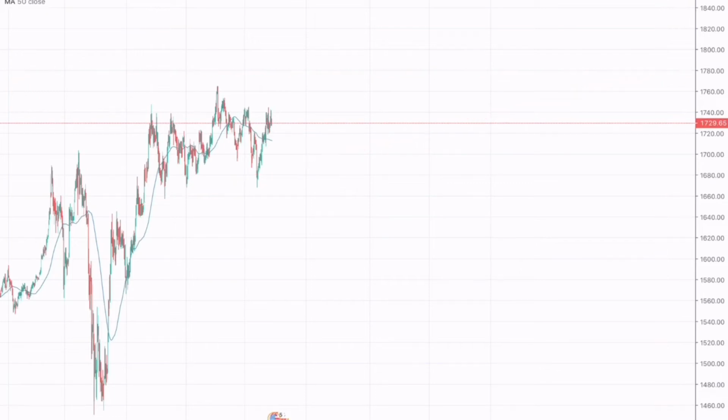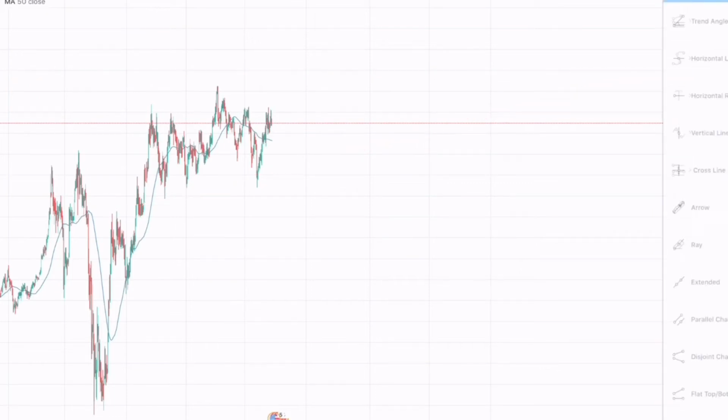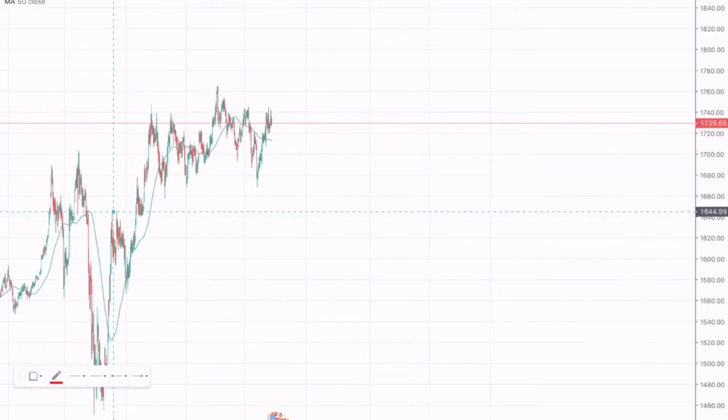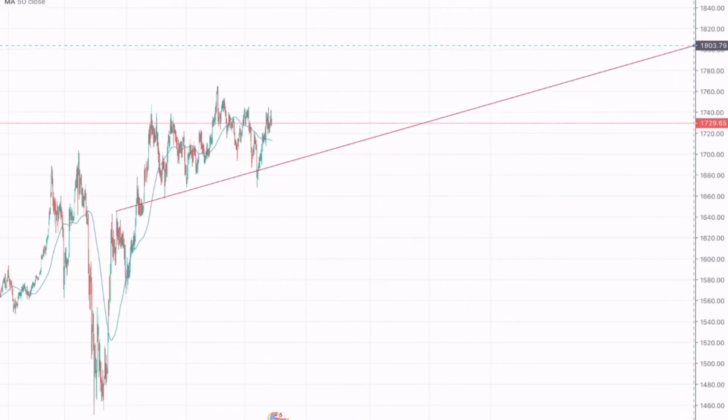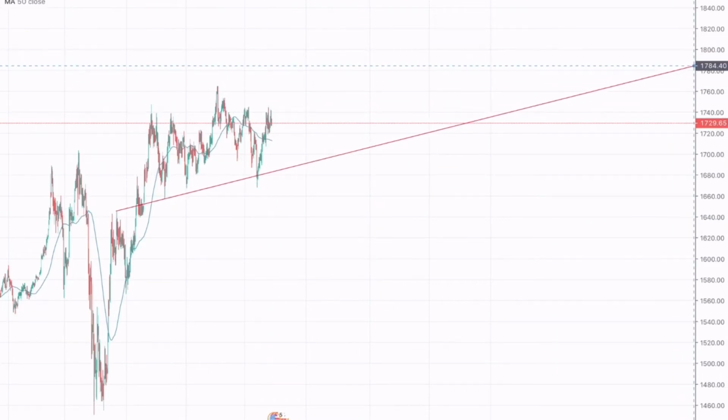Let me draw the support of the triangle from somewhere around here till here.